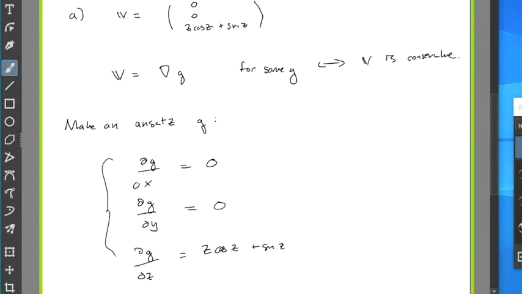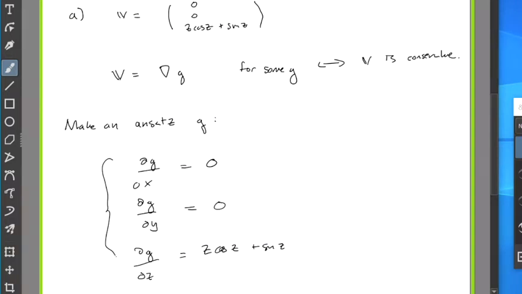Okay, and now we need to find a solution to this system of differential equations. That's a lot simpler than you might think. We simply need to successively integrate these three differential equations.